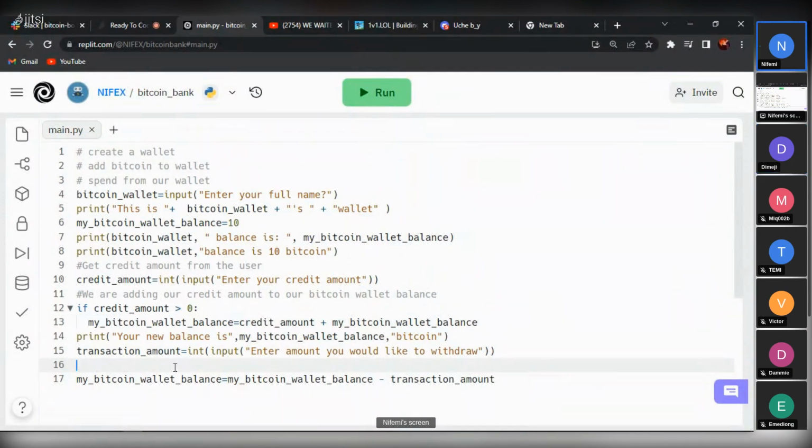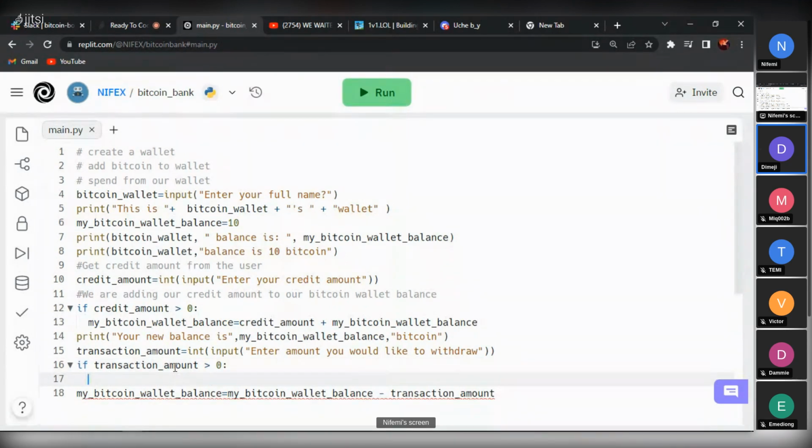Sir, I think it would be if transaction amount is greater than zero. Okay, then.